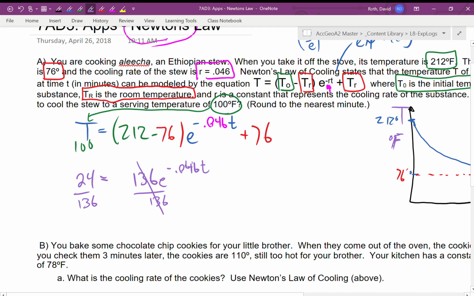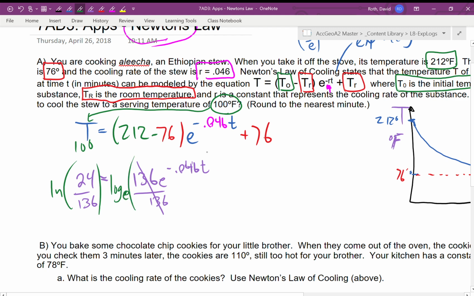Alright, so that's nice. Now, what's the best thing to do to both sides? Could I take log base 10 of both sides? Yes, I could. But remember, E goes with natural log. And so if I natural log both sides, what will stand out? Green will stand out. If I natural log both sides, don't forget natural log is the same as log base E. It means the same thing.